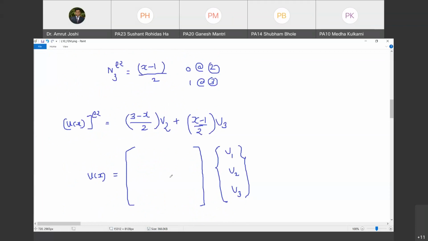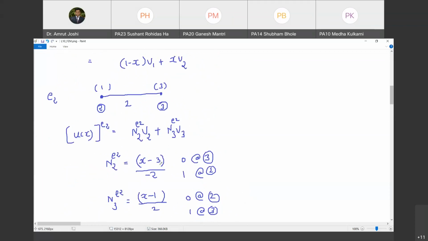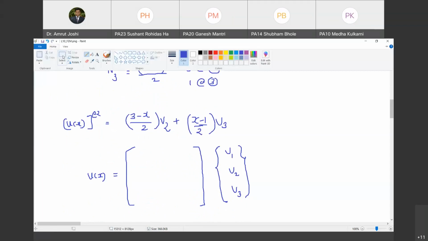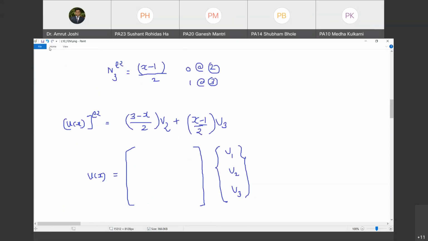Within the first element, how do I write u of x? So 1 minus x, x and 0. Okay, let us write it for element number 1 only. How do I write it for element number 1?